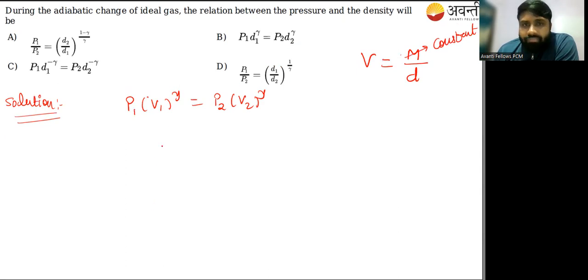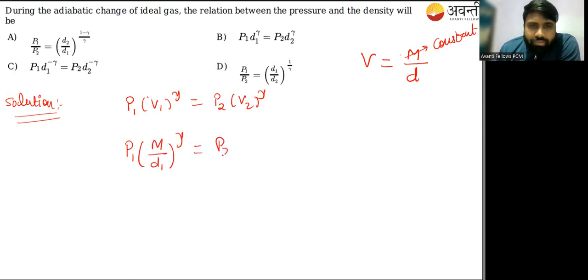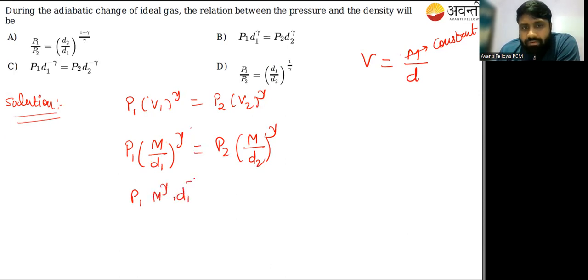Mass is conserved. So if you replace this expression, we can say P1 into m upon d1, P2 into m upon d2. Now m raised to the power gamma, if you distribute it further, P1 into m raised to the power gamma, d1 raised to the power minus gamma, P2 into m raised to the power gamma, d2 raised to the power minus gamma.